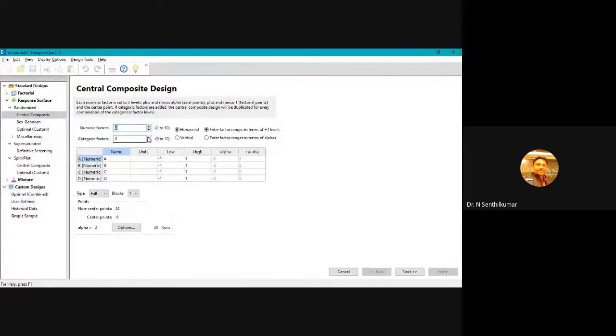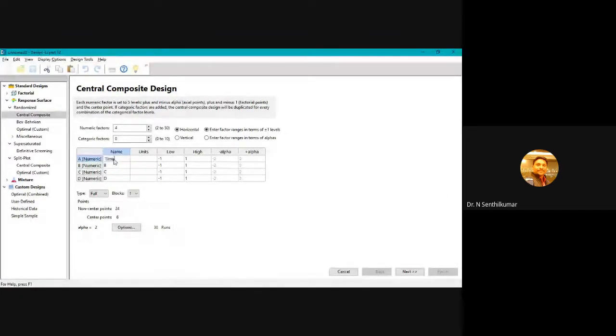Okay. So if I add, you can see. Previously itself I have told that categorical is nothing but text: Catalyst 1, catalyst 2, catalyst 3. In numerical, we have to give numbers: 100, 200, 300 like this. Okay, we have to provide it like this. So in this example, we have only 4 factors.